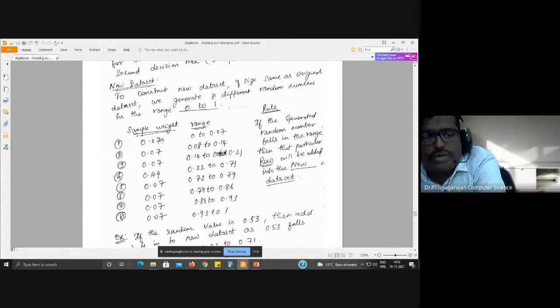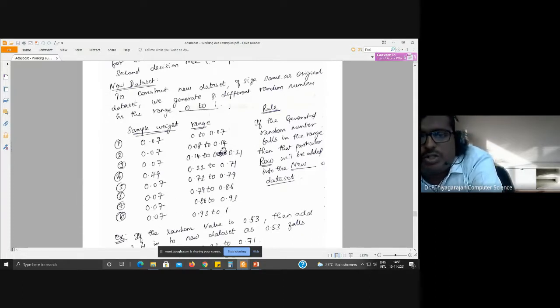For each and every row, we have 8 rows, and each row has a sample weight. First row 0.07, second row 0.07, third row 0.07, and the fourth row, the incorrectly classified data, has weight 0.49, and rows 5 to 8 have 0.07. Now what is the range here?